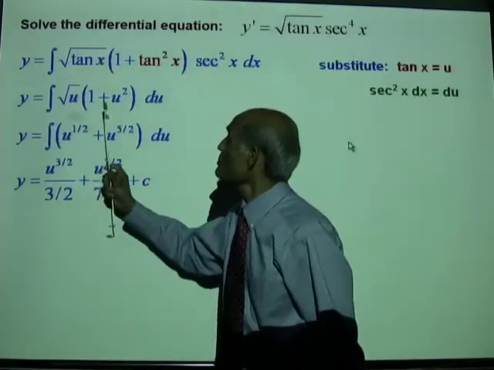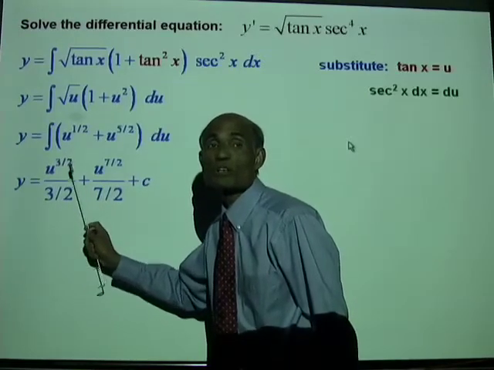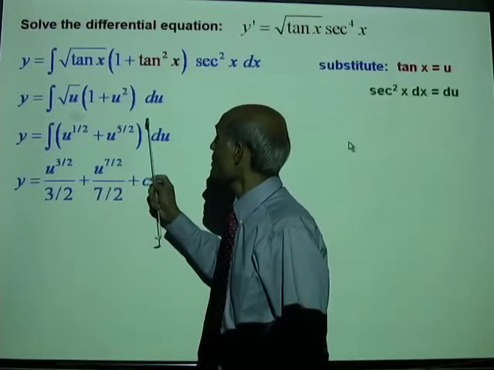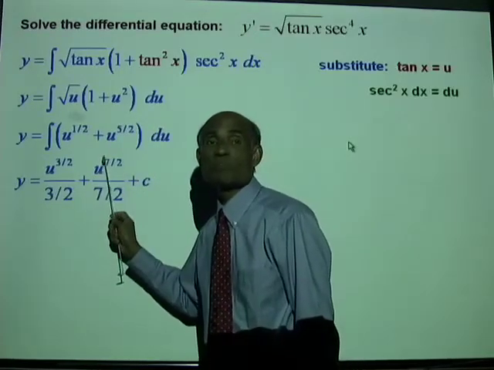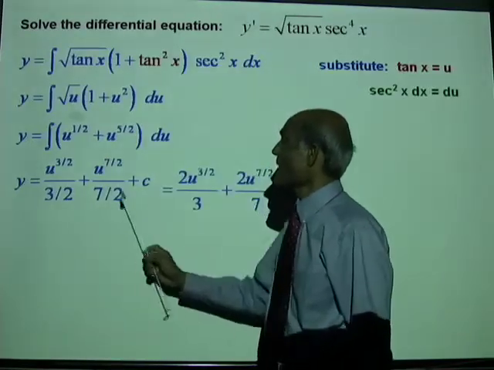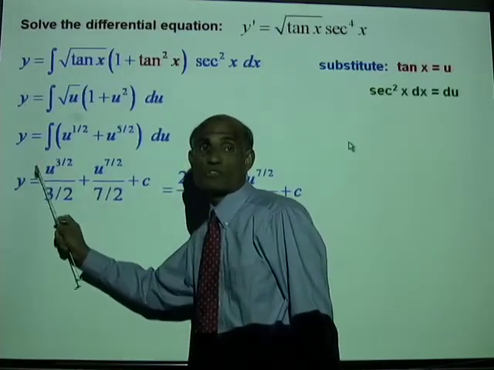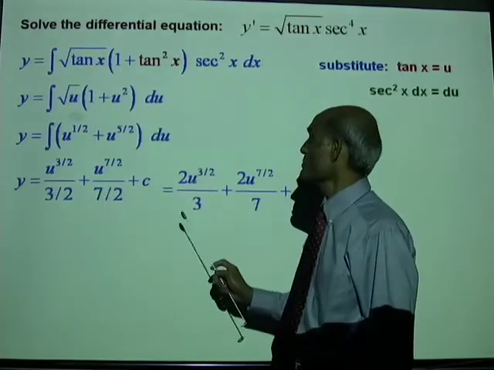So integral u to the power of 1/2 du is u to the power of 3/2 over 3/2 plus integral u to the power of 5/2 du is u to the power of 7/2 over 7/2. And you can see these two will simplify. Is that right? So this is 2/3 u to the power of 3/2.